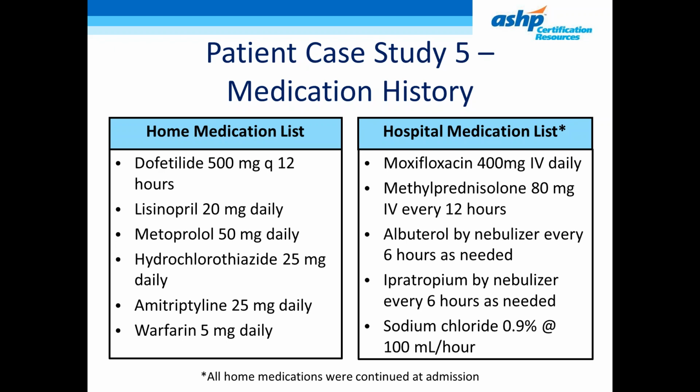When the patient was admitted to the hospital, the patient was continued on all of the home medications and then was also started on moxifloxacin, methylprednisolone, albuterol, ipratropium, and sodium chloride or normal saline infusion.